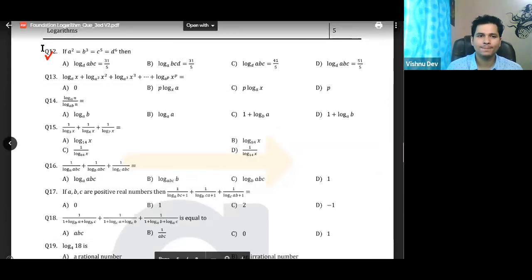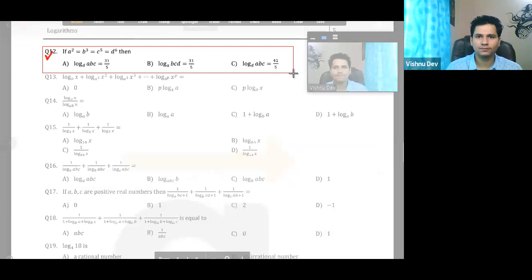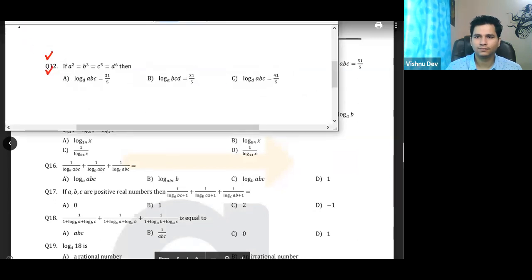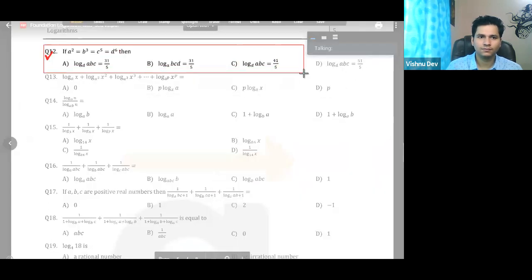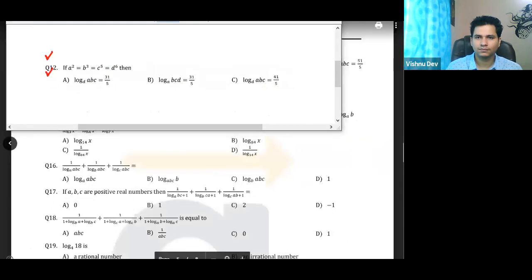Take your time. This is based on the property of exponents and radicals.